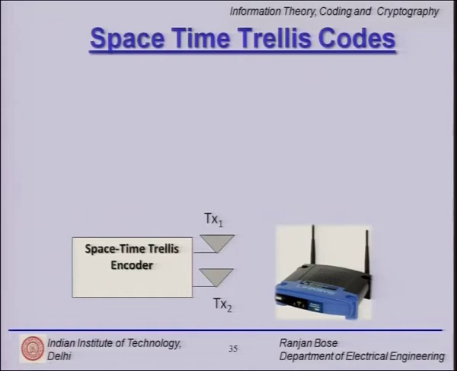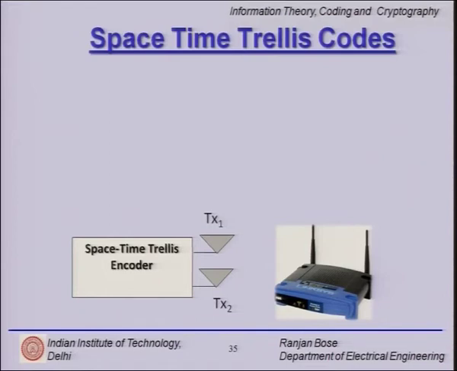So, with that we kind of lay grounds for our next step, which is called the space time trellis codes, which is in one way an extension of trellis coded modulation schemes. But what we do is we now look at expressions and cases where we have two transmit antennas.